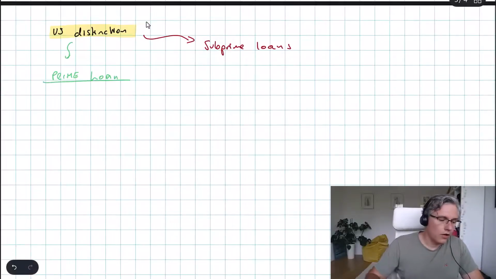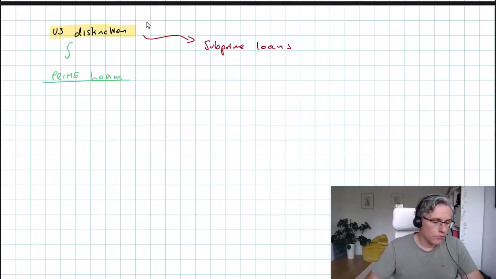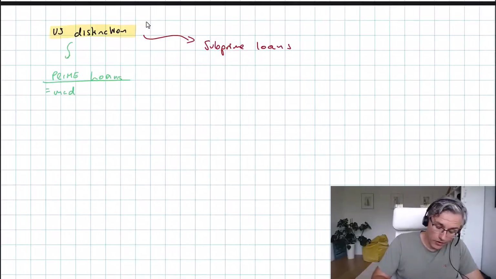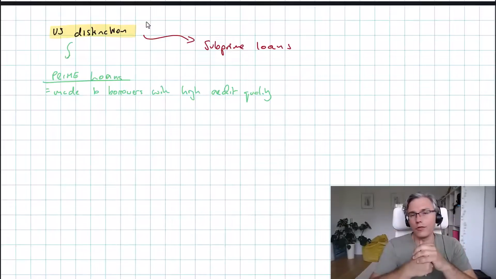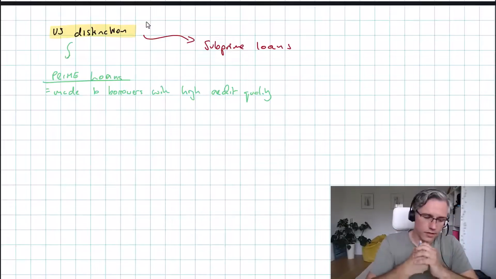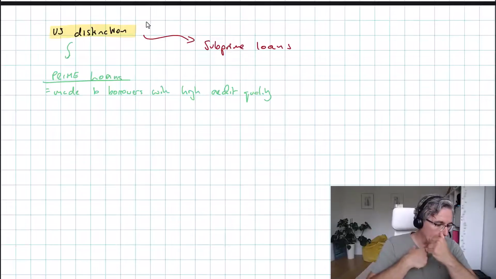Prime loans are those that are made to high quality borrowers, borrowers with high levels of credit quality. So these are borrowers who will have a strong employment record, a good credit history of repaying their debt.